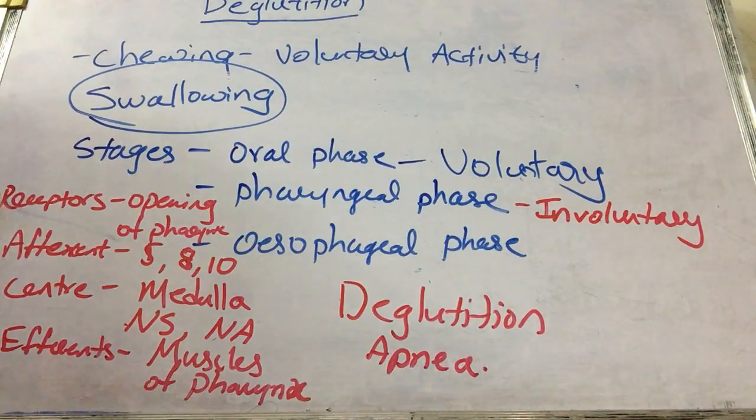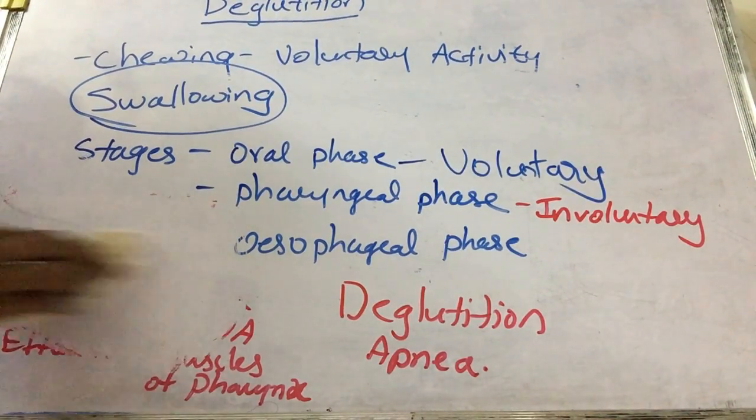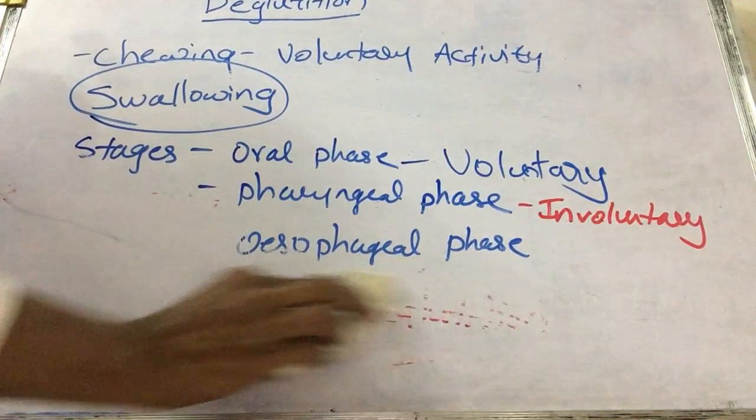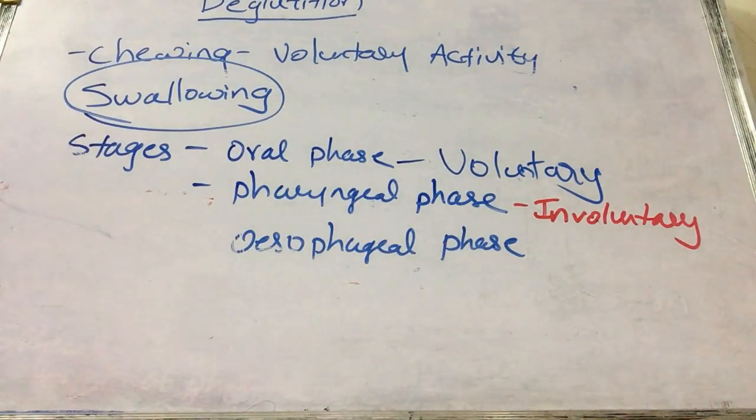Now coming to the esophageal phase. Once the food enters into the esophagus, which is facilitated by relaxation of the upper esophageal sphincter, the peristaltic wave or the primary peristalsis is initiated just below the upper esophageal sphincter.